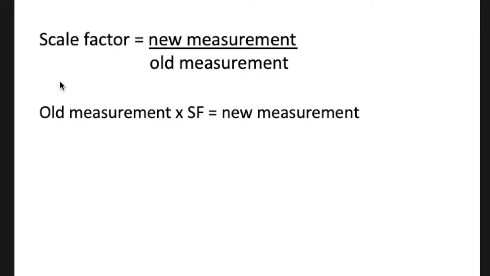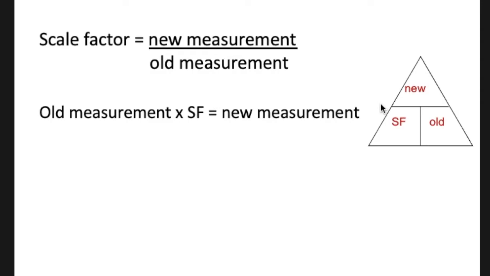For instance, old measurement multiplied by the scale factor will give the new measurement. Another way to look at it is as interlinked: new measurement, old measurement, and scale factor. So depending on the unknown, using these three values, you can find whichever one is missing.